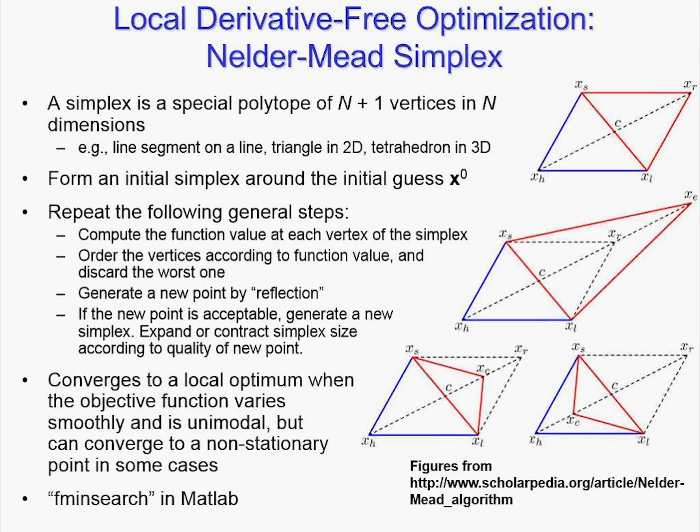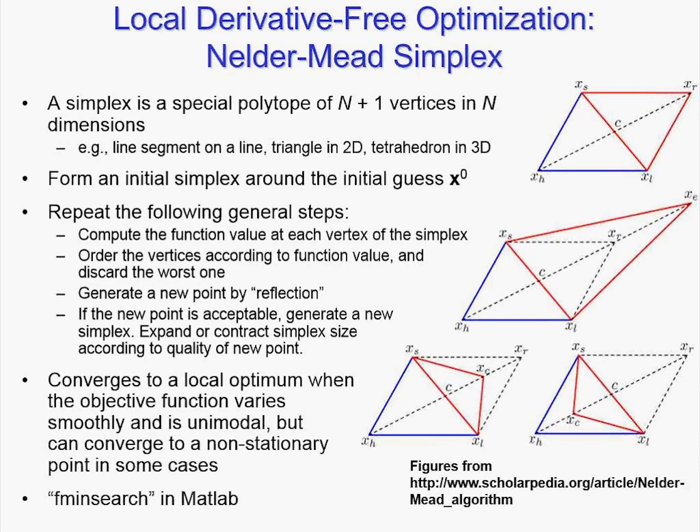And discard the worst one. So if we're trying to minimize, we'd have the highest value, the lowest value, and the middle one. If we're trying to minimize, we would throw out the one with the highest value, right? And so we're going to throw away, in this case, x high, because it's got the highest value and we're trying to minimize. And we're going to generate a new point by what's called reflection, which means that I'm going to come across this line of the remaining two and reflect the triangle over and generate a new point on the opposite side of the simplex.